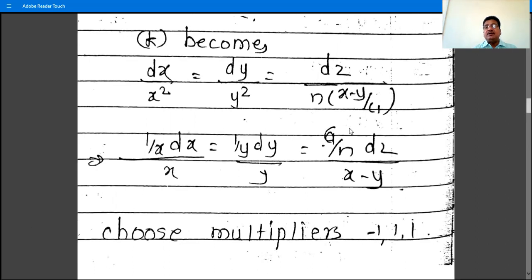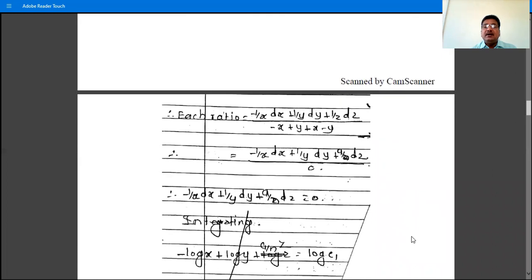If we write this step, then the multipliers are minus 1, 1, 1. But if we write multipliers observing this differential equation, then the multipliers are minus 1 by x, 1 by y, and c1 by n. So the numerator is 0, and therefore we have minus 1 by x dx plus 1 by y dy plus c1 by n dz is equal to 0.